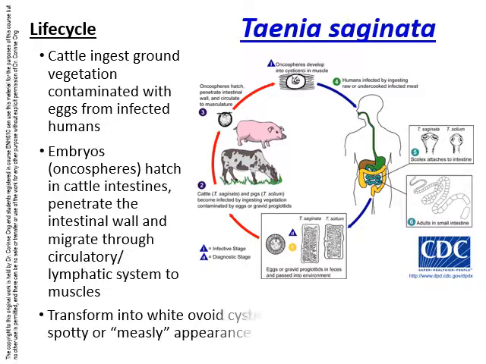In these areas, cattle ingest ground vegetation contaminated with eggs from infected humans. Embryos hatch in cattle intestines, penetrate the intestinal wall, and migrate through the circulatory or lymphatic system to the muscles. They transform into white, ovoid, cystic forms in tissue, producing a spotty or measly appearance.